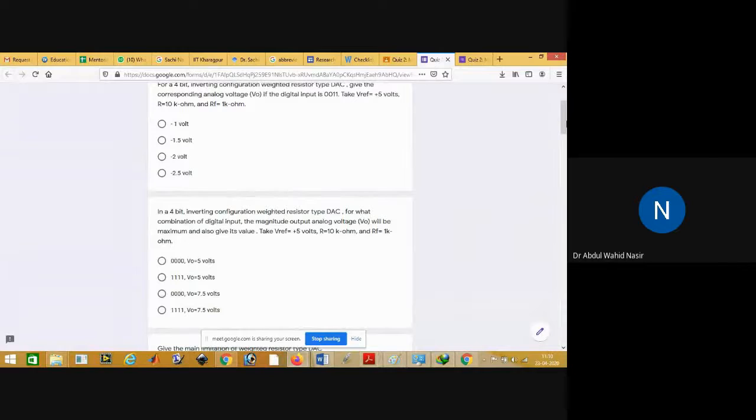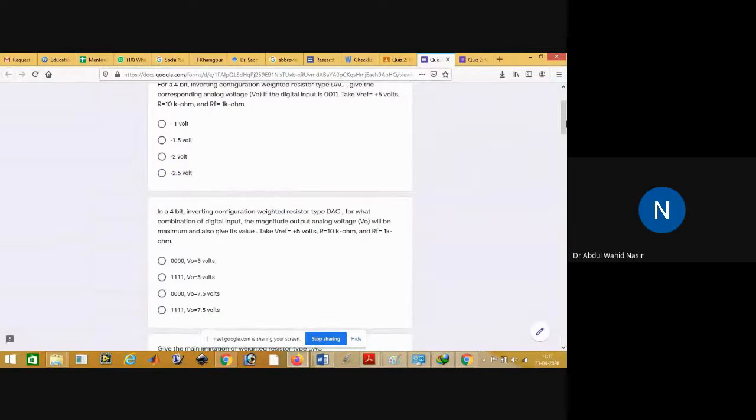The first thing is that you should know for what digital input the V0, or the analog output, will be maximum. Obviously, if all the switches are high, that means if B0, B1, B2 and B3 are all connected to 5 volt, or all are 1, then V0 will be maximum. So the combination of digital input will be 1 1 1 1.